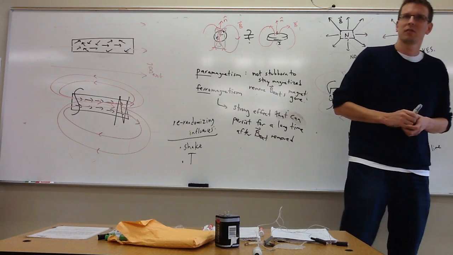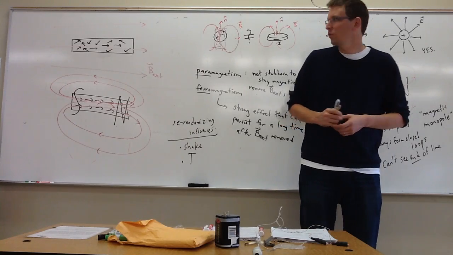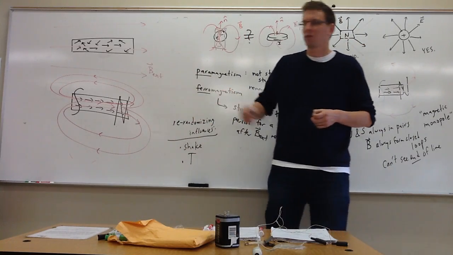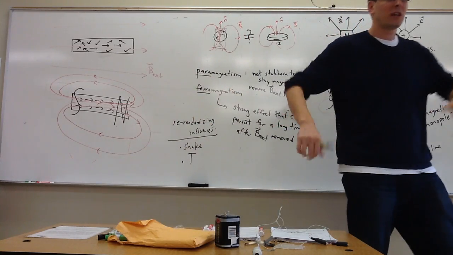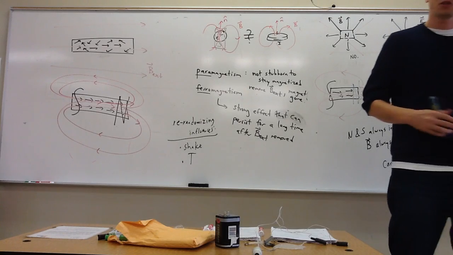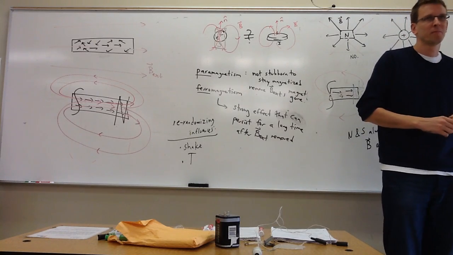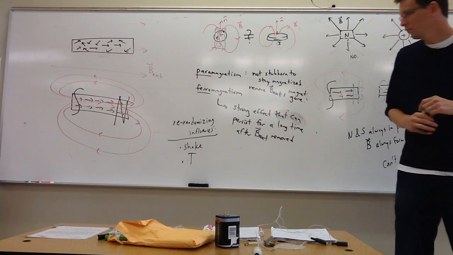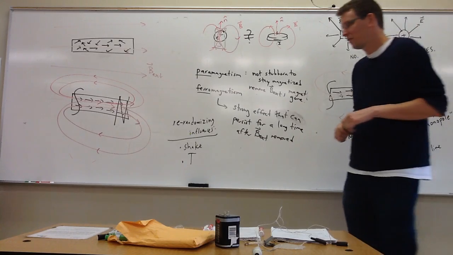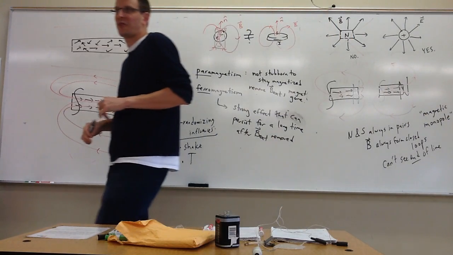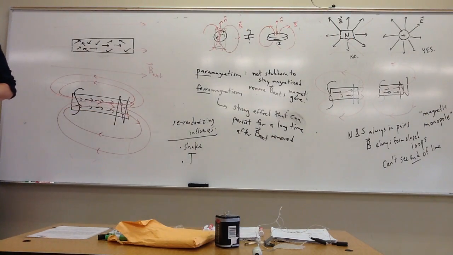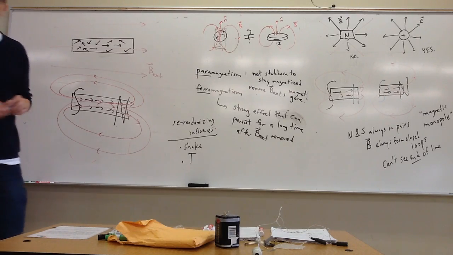Does that make sense? The moment you take away B external, the high temperature will shake all those things back into a random orientation, and it'll lose its magnetization. So shaking is one thing, but high temperature is another thing that will tend to be the enemy of a persistent magnetization.